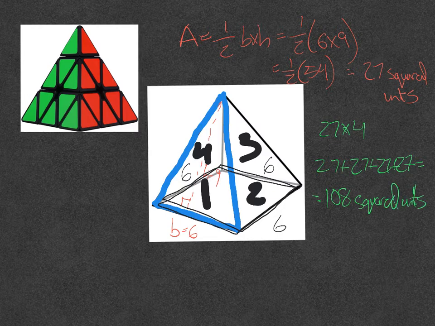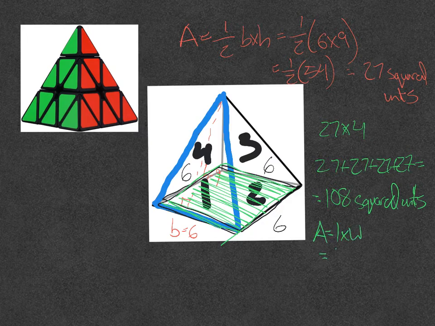But we aren't done, because what do we see? There's still this bottom. To find that, it's the shape of a rectangle, or a square in this case, so area equals length times width equals 6 times 6 equals 36 square units.